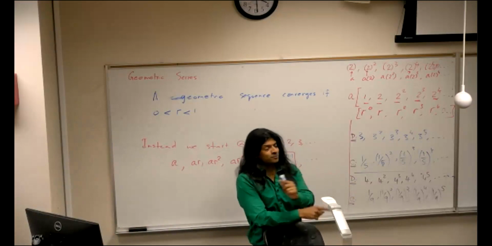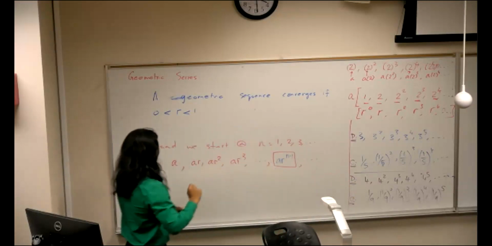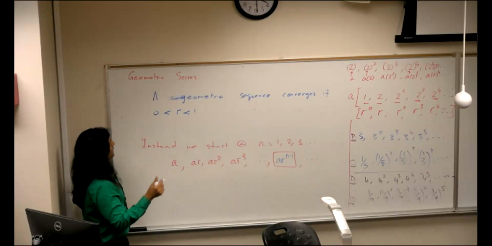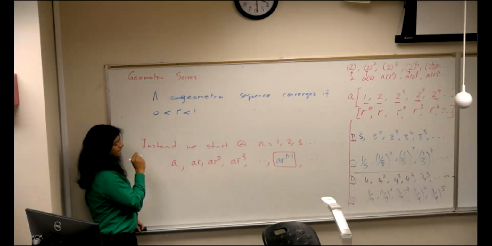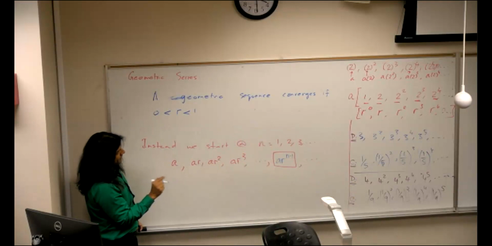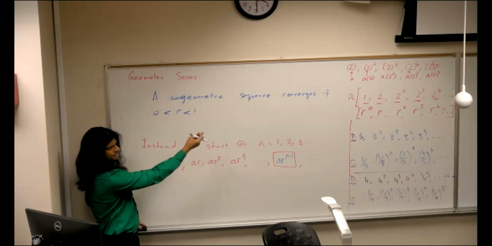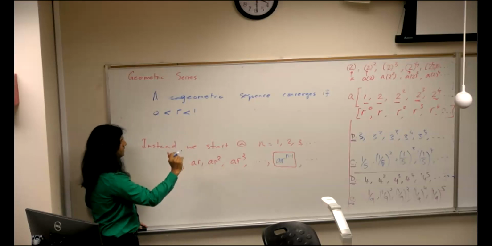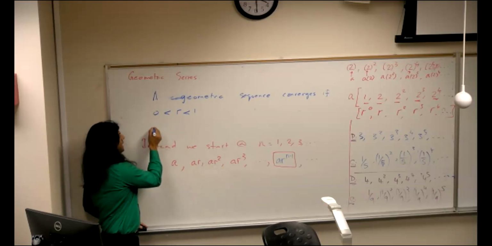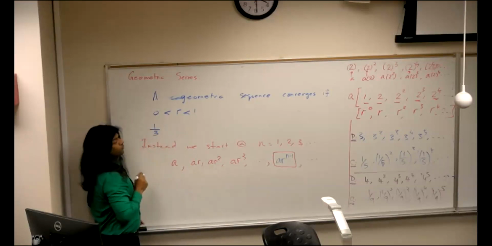Okay, I heard -1/3, -1/2. We're going to go with -1/3. So if R is -1/3 and say we start at a, then a times R raised to n equals 0. So I will have 1/3.